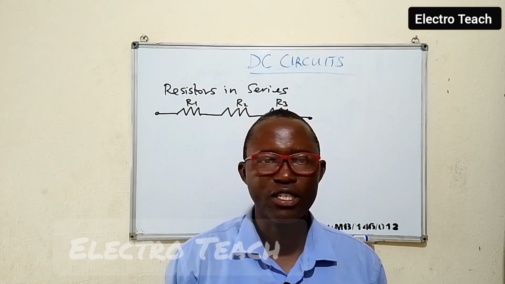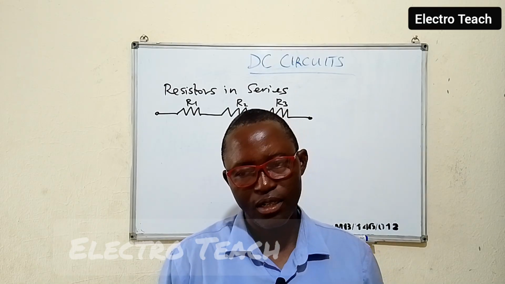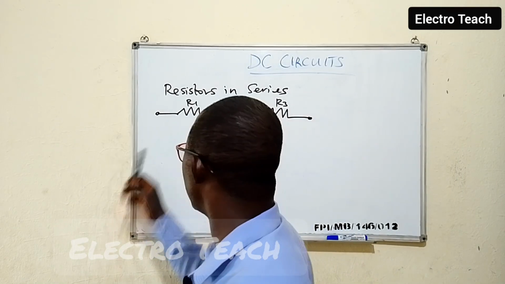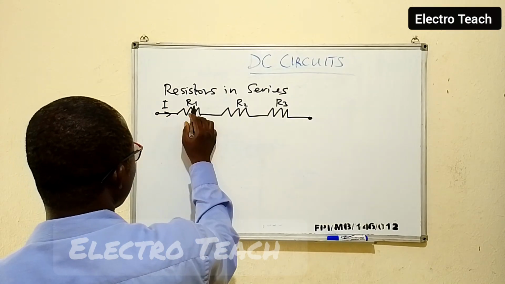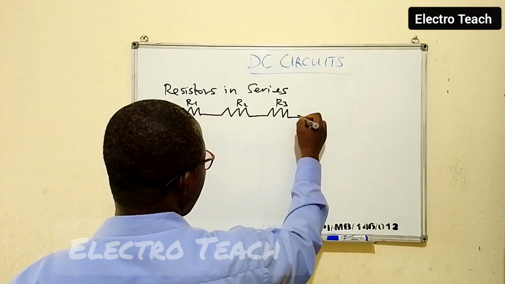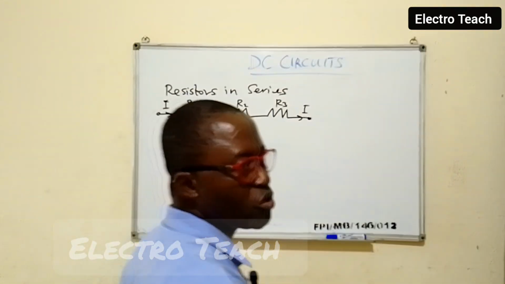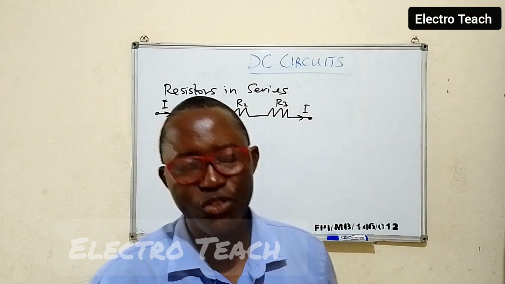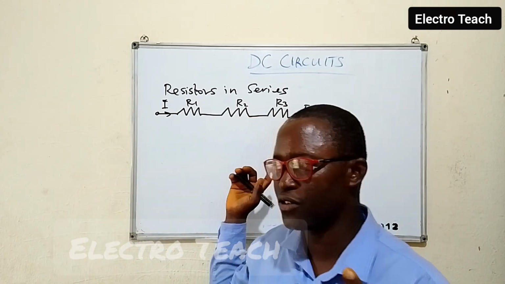And that ensures that we have the same current passing through the resistances. So the current I goes through R1, goes through R2, goes through R3, and it comes out here as current I. So there are no two different values of current. The same current passes through the three of them.